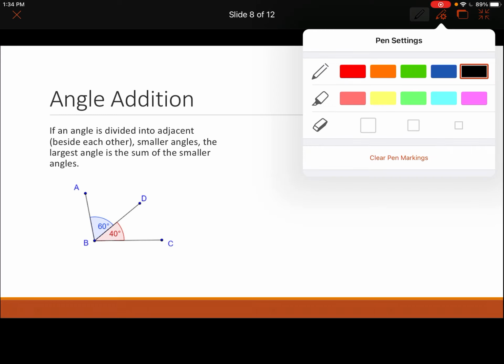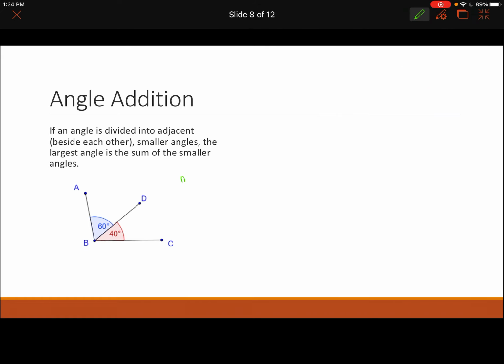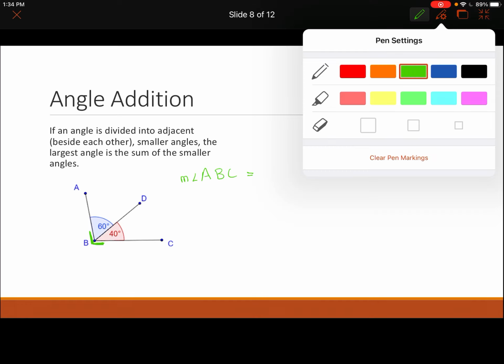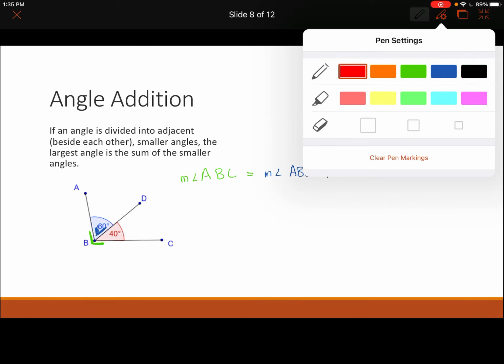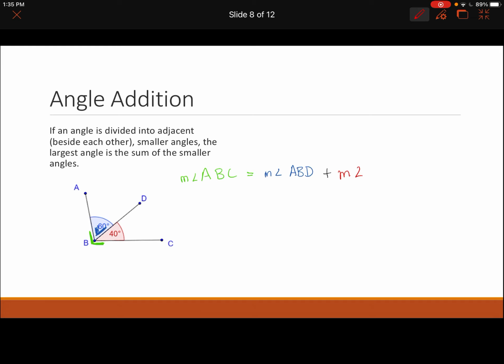So using that 3-letter notation, the measure of this angle on the outside, the measure of angle ABC, is going to equal the measure of angle ABD, which is the blue angle, plus the measure of angle DBC.